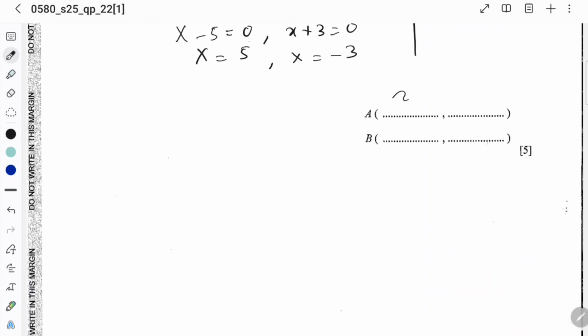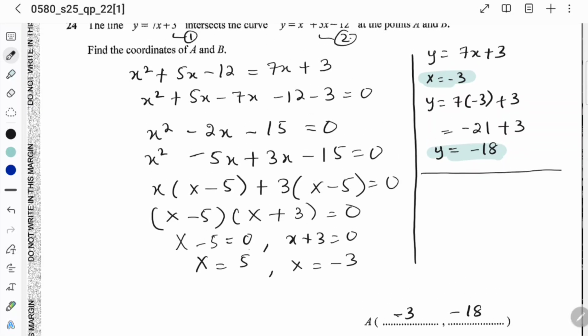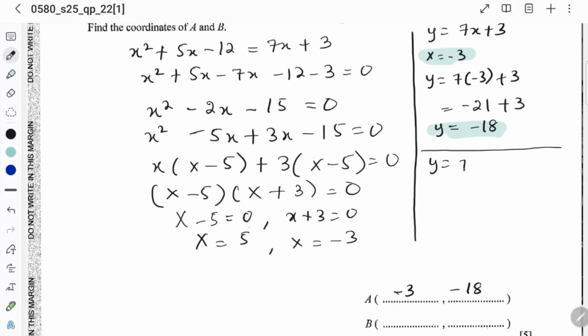Write down minus 3 and minus 18. The next one we have is positive 5. So y is equal to 7 times 5 plus 3, 35 plus 3 is 38. So in this part we have x equal to 5 and y equal to 38.